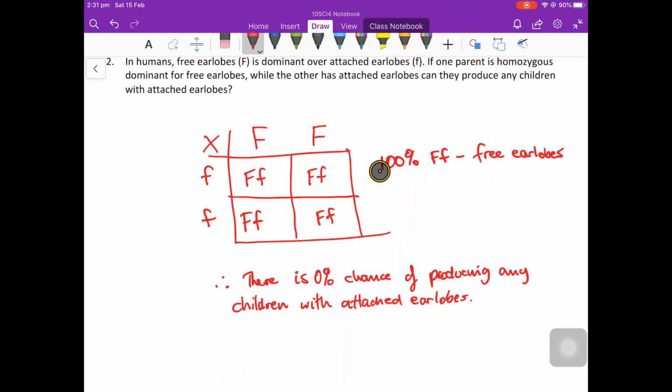And you're right in saying that 100% of the offspring are heterozygous, and that attached earlobe allele is still present, and that might be passed down in the next generation if there's another cross perhaps somewhere else.